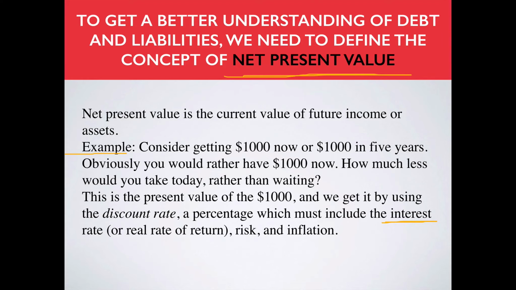So we have to take that into account. The interest rate, or more generally speaking, we could call it the real rate of return. We also have to take account of the fact that there's risk. You might not be around in 5 years, anything could happen, right? We have to add something to this rate for that. And of course, we have to add something for inflation. So the discount rate has to include all of these different things that we expect to happen moving forward.